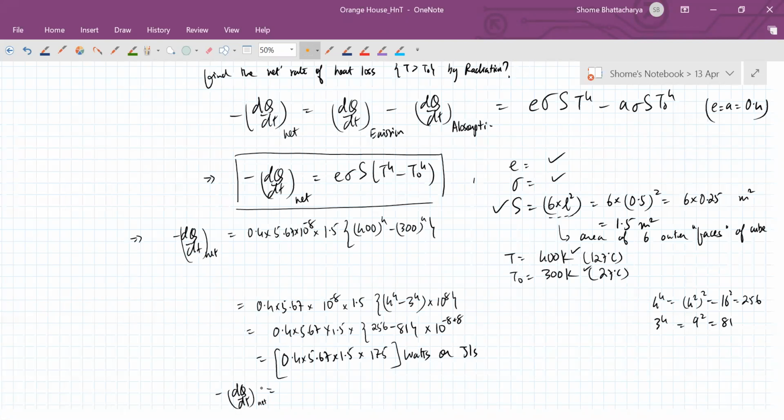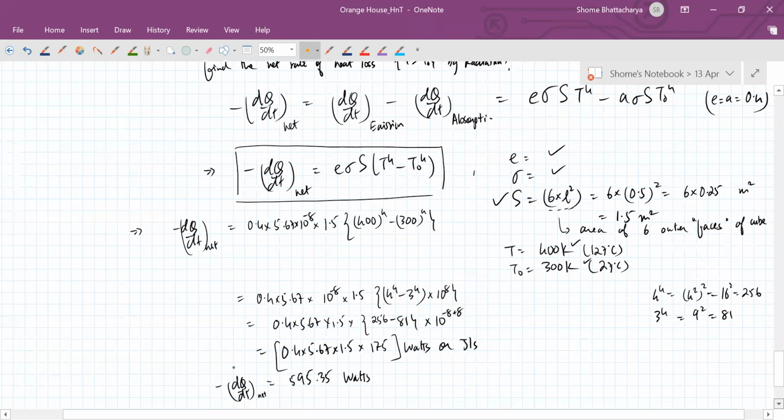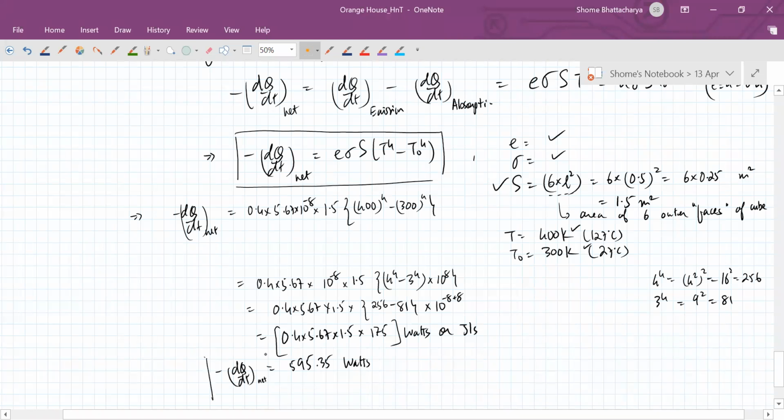Let's just complete this calculation now. Yes, so that is 595.35 watts. So this is the net rate of heat loss, which is what we are calculating in the first place.